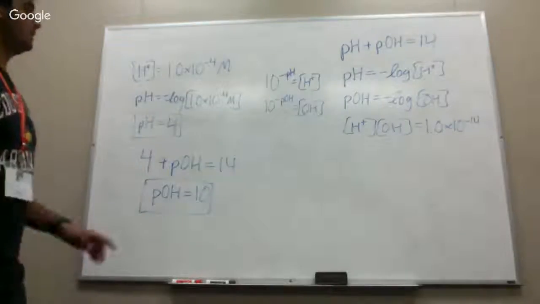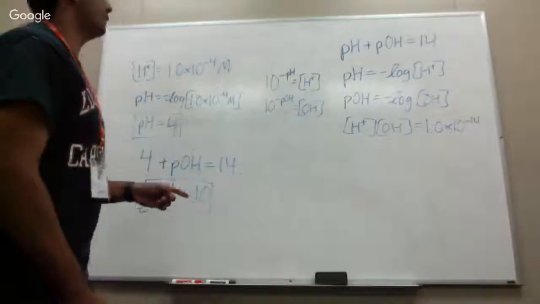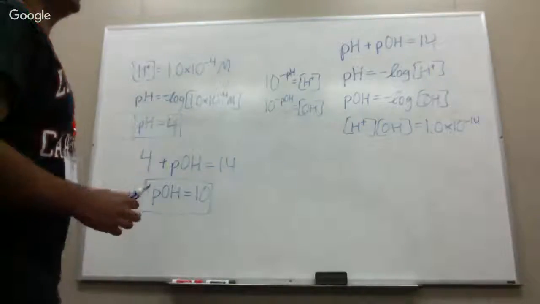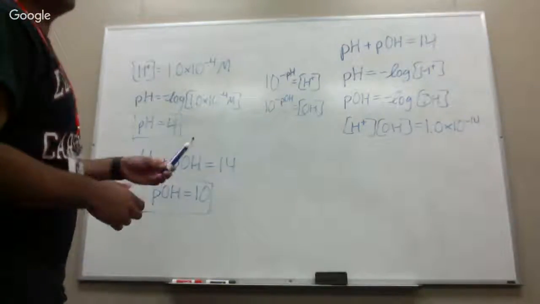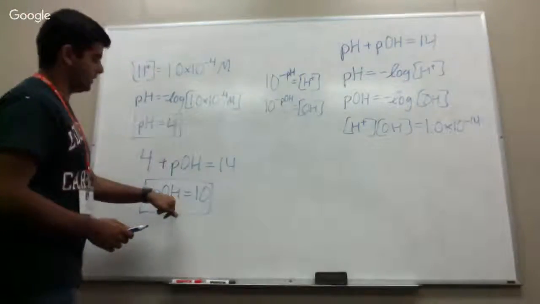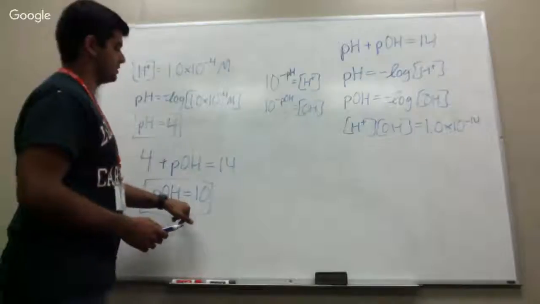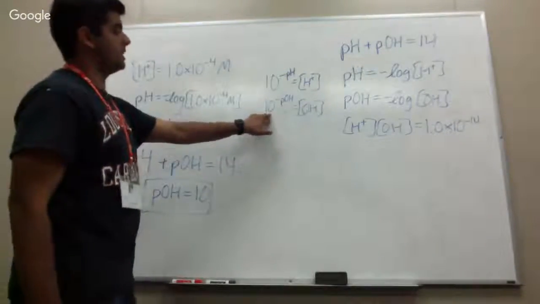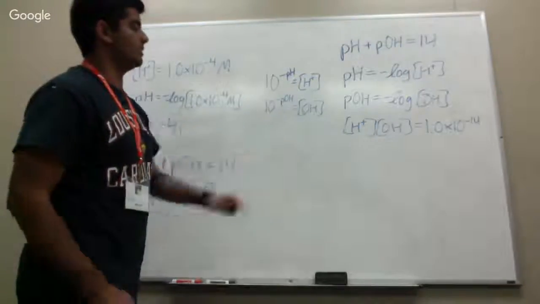All right. So you got to find one more thing. You're looking for the OH concentration. And so there's a few different ways to do it. I'll go over one now, and then I'll talk about the next one after. So if you have the pOH, then you can plug it into this equation, which is 10 to the negative pOH is equal to the OH concentration.